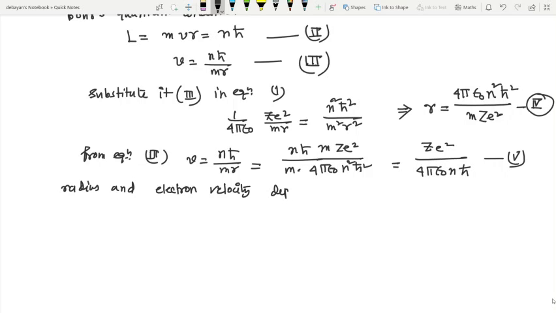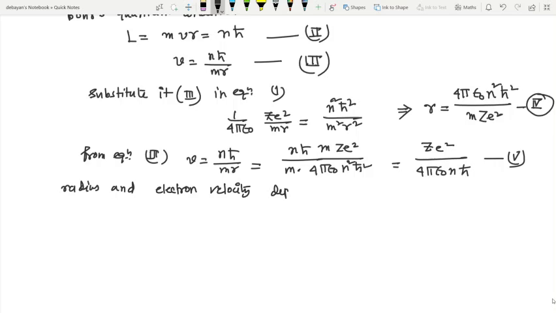And if we put Z equals 1 for the hydrogen atom, the radius that we get is known as the Bohr radius.